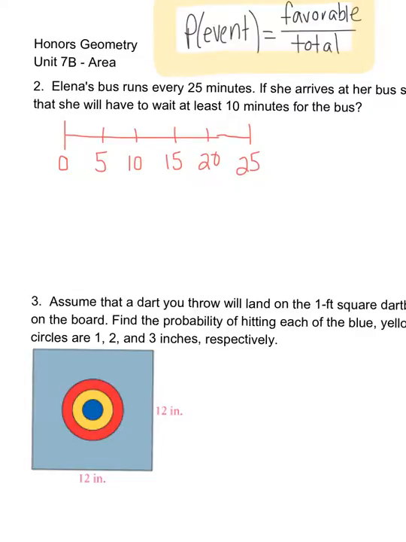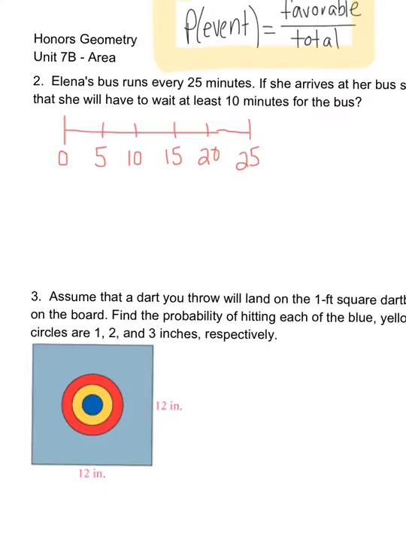Then the clock starts ticking from 0, and she has to wait another 25 minutes until another bus comes. That's the total amount of minutes that she could possibly wait until a bus comes.